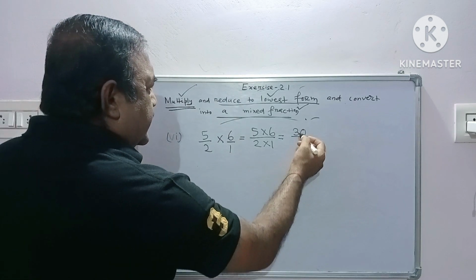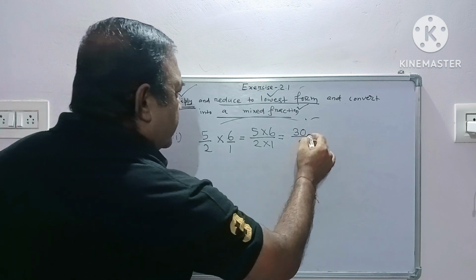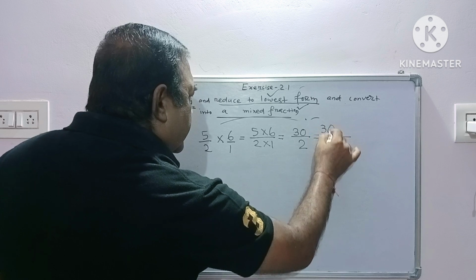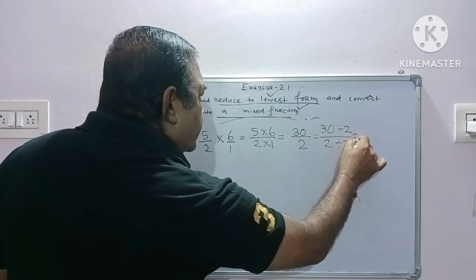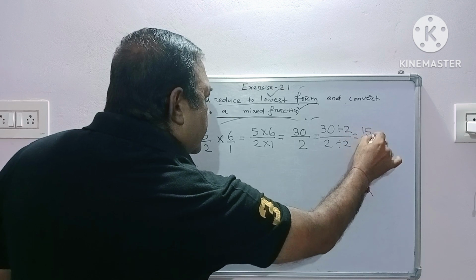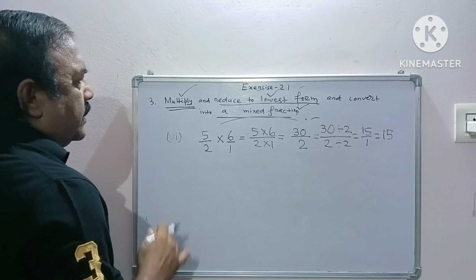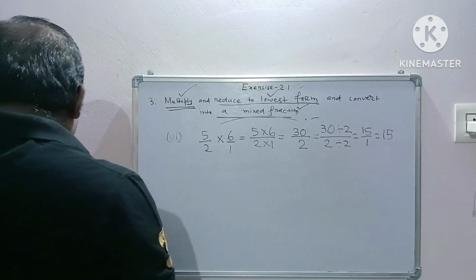So you see what is the HCF of 30 and 2? That is 2. So you divide both the numerator and the denominator by the HCF. So you will get 15 upon 1, that is equal to 15. So you brought it into the lowest form. So this is the answer.